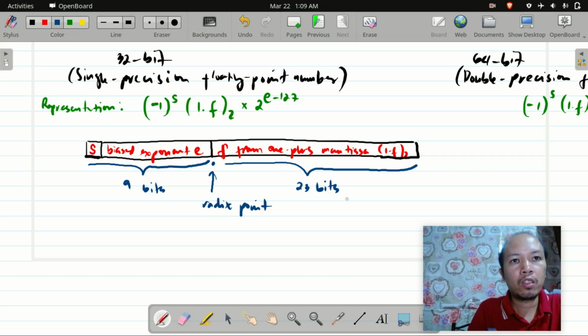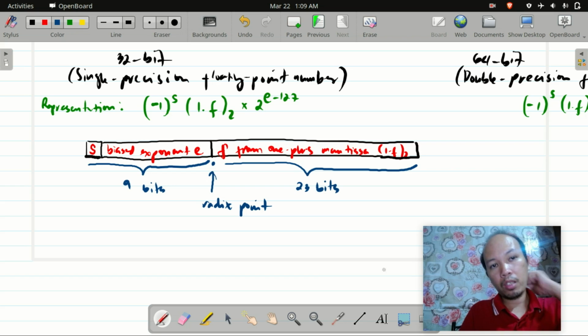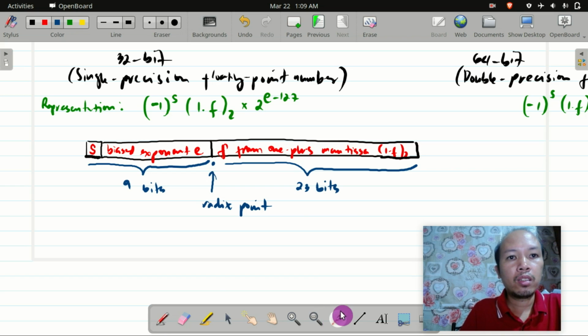So this is the mantissa. So 23 plus 9 is 32. We have 1 here plus 8 equals 9.